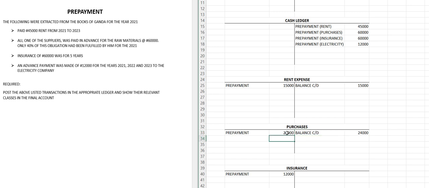It means you bring your balance BD here, which will be the same amount, 24,000. Something is 15,000.